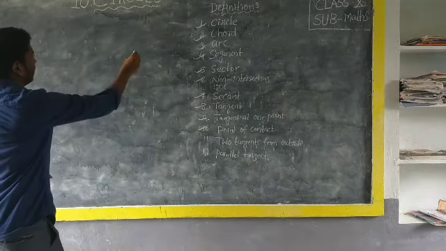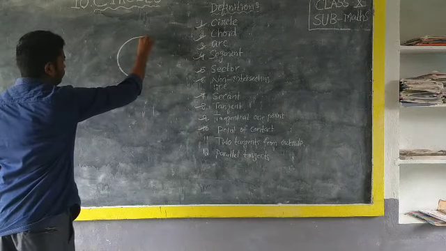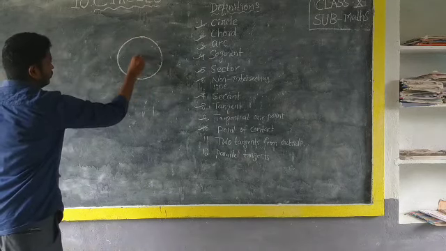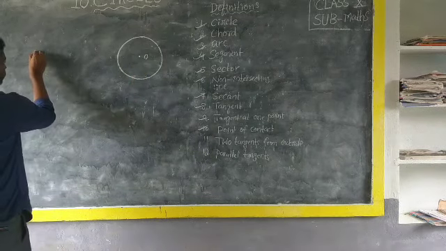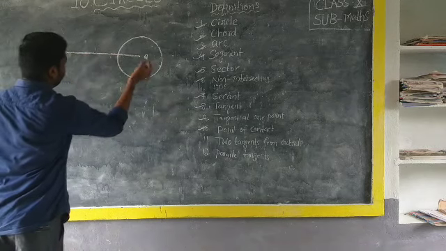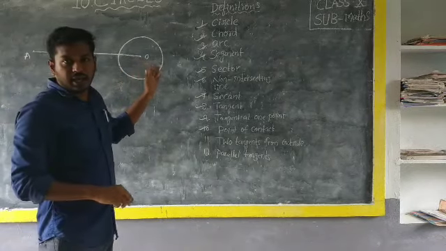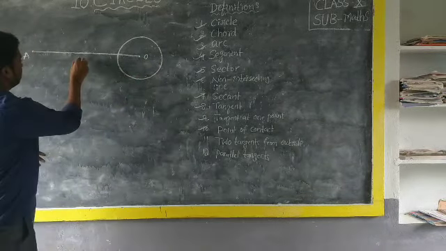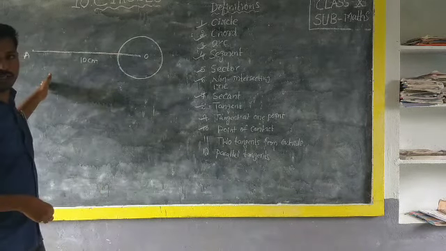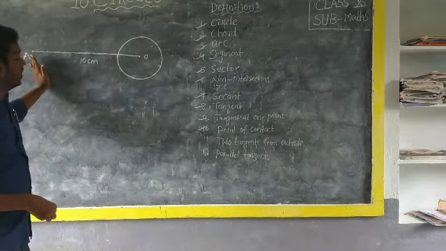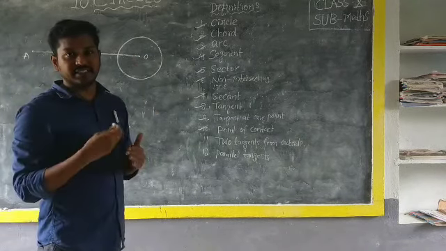You have to take one circle. This is center O. Point A: I have taken one point 10 centimeters away from the center, from outside of the circle. From one point outside of a circle, how many tangents can we draw?